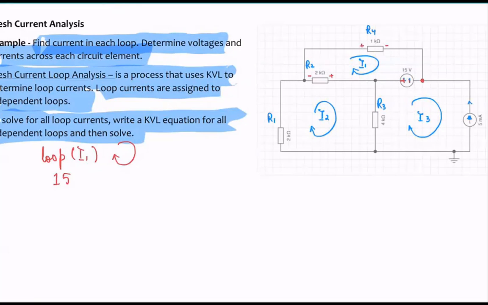It's going clockwise. When I get here, can anybody tell me real quick, what will be the current over here? Yes, folks. Remember here, you have I2 flowing in this direction, and you have I1 flowing in this direction. So what would be the current across this resistor, R2? Come on, folks. If I say I1 minus I2, is that correct?